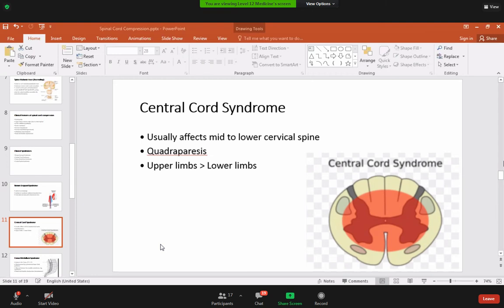It may be because of degenerative changes in the vertebral column, where osteophytes at the lower edges of the vertebrae compress the central part of the spinal cord, or it could be a disc prolapse or anterior movement of the vertebral disc that is causing this syndrome to appear.